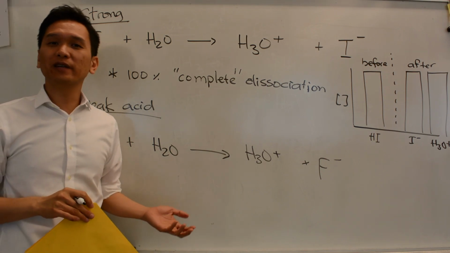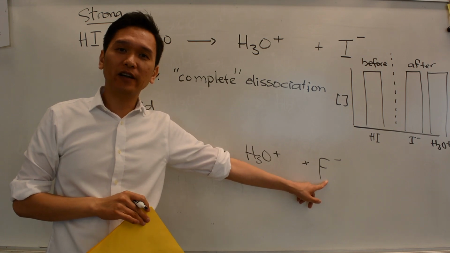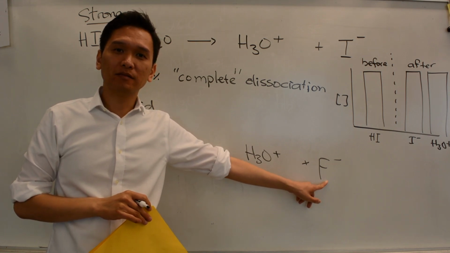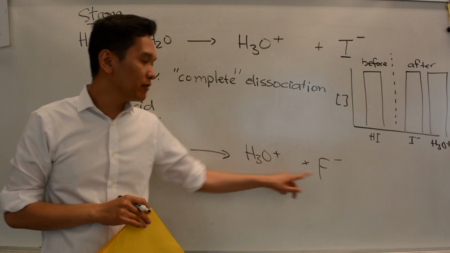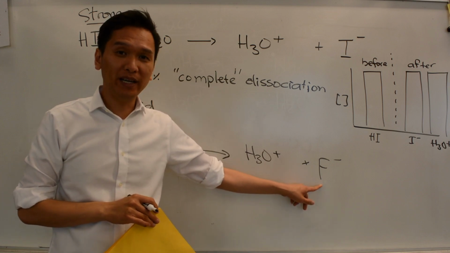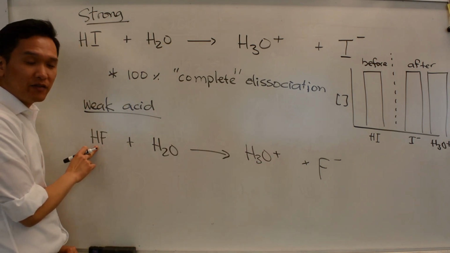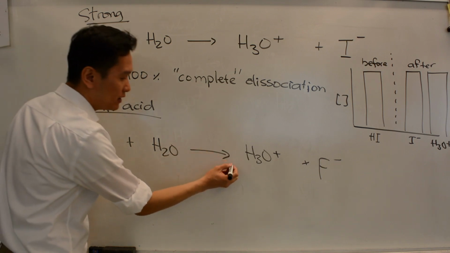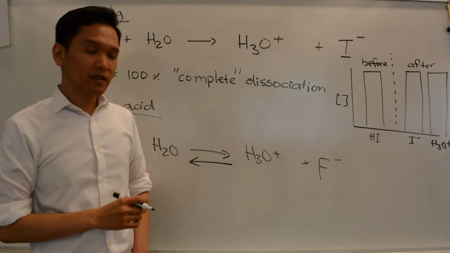It turns out though this reaction isn't very favorable. This F minus isn't very happy being deprived of the hydrogen, so what happens is it attacks back and reacts back with the hydronium. Once it reacts with the hydronium as a base, it's going to take away the hydrogen. If it takes away hydrogen, it becomes HF again and water again. Right? So we have this reversible arrow.